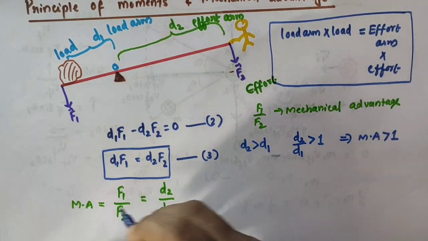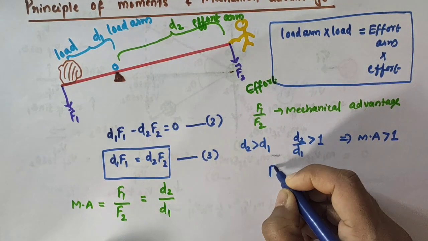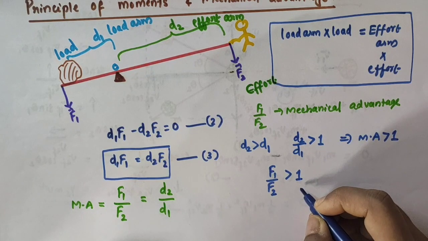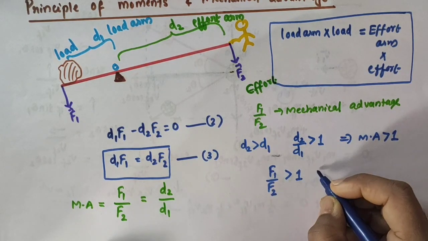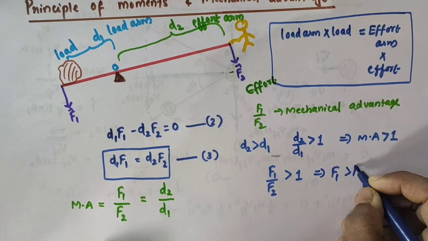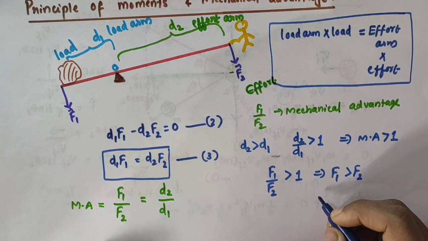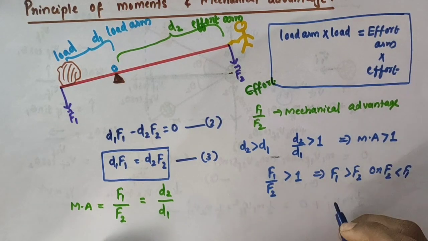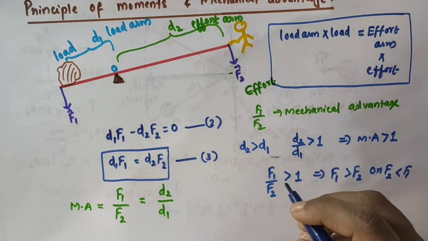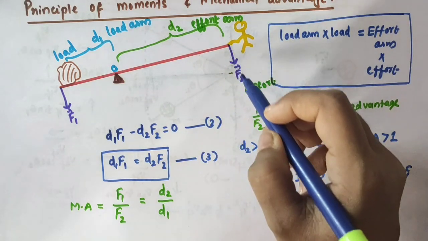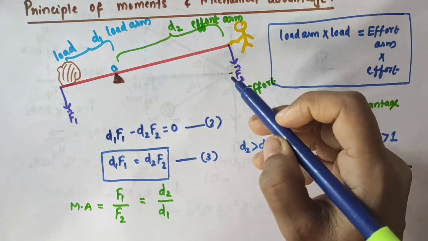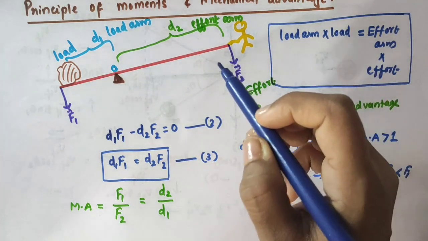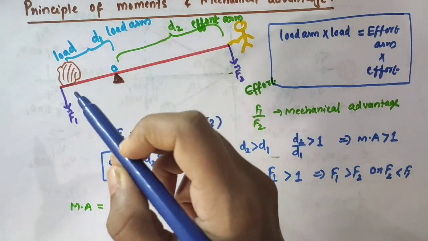That means F1 by F2 is greater than 1, so F1 is greater than F2, or F2 is less than F1. F2 is the effort and F1 is the load. So F2 less than F1 means only a small effort F2 is needed to lift a large load F1.